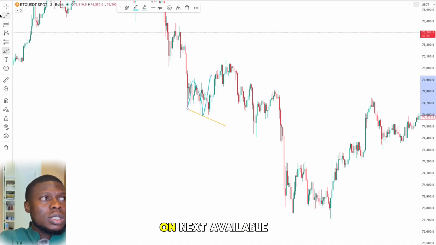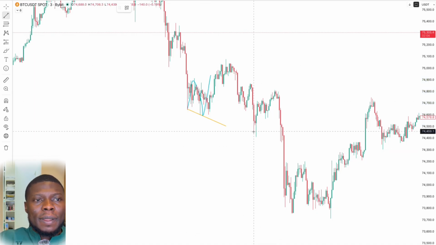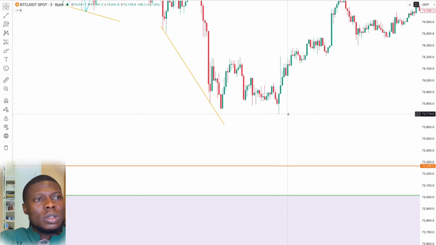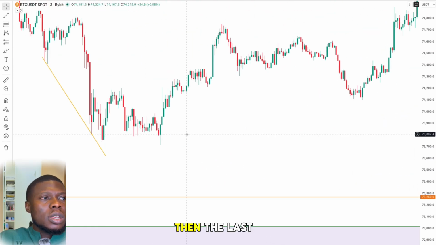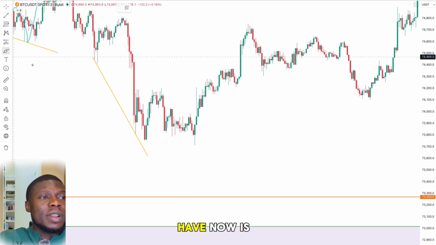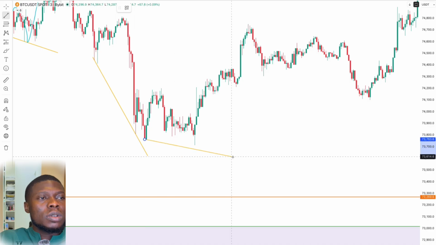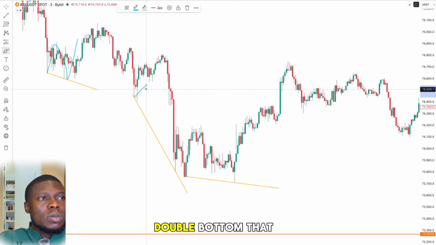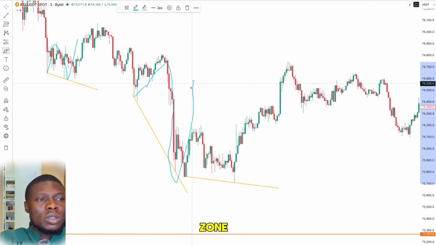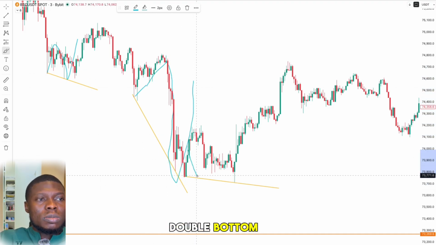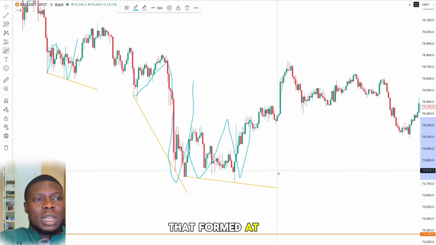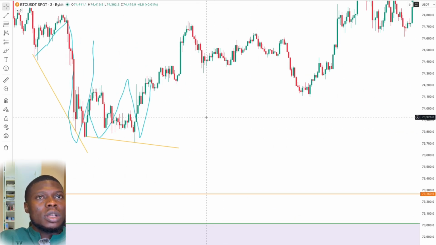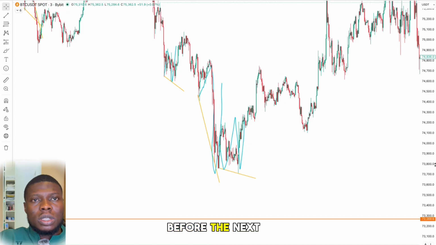So I go on. The next available swing is these two. Then the last swing that we have now is these two. So there is a double bottom here as well. There is a double bottom that formed at this zone, and also another double bottom that formed at this zone before the next movement.